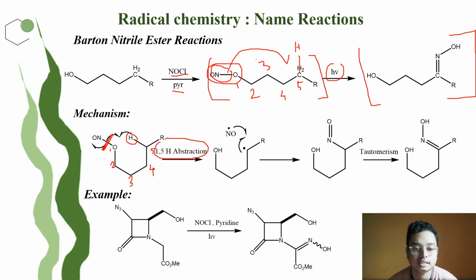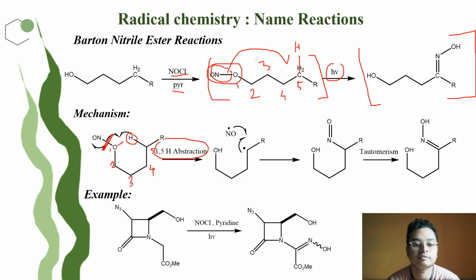Now you may wonder what is special about the fifth position hydrogen. One possible explanation is that while abstracting the fifth position hydrogen, a 6-member transition state is formed, which makes the transition state very stable. For that reason mostly the fifth hydrogen is captured.